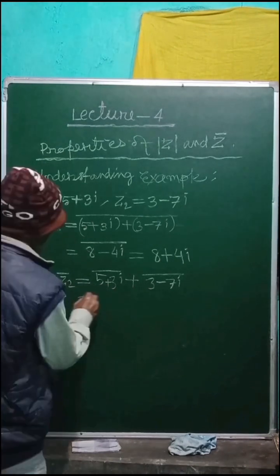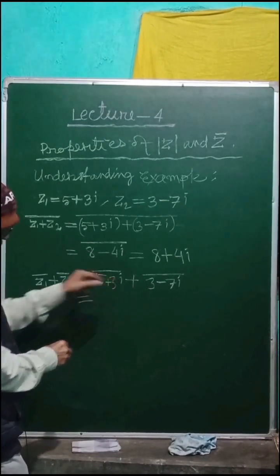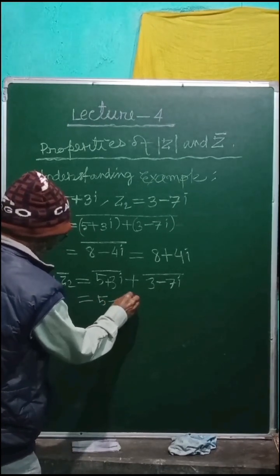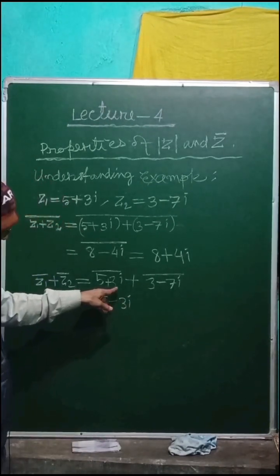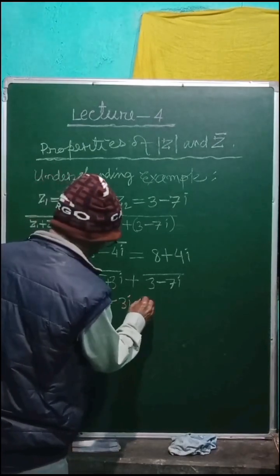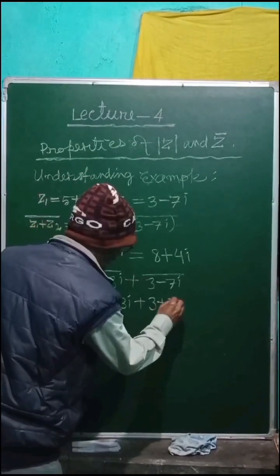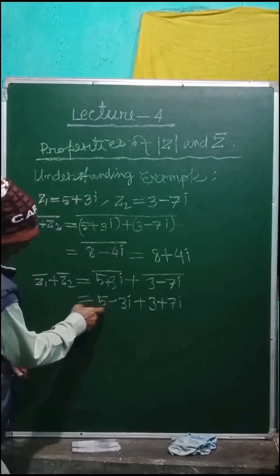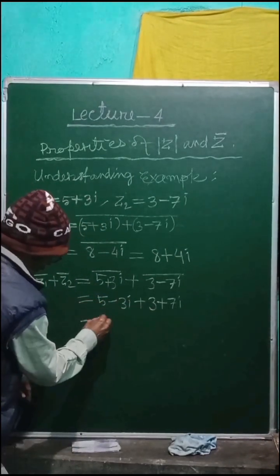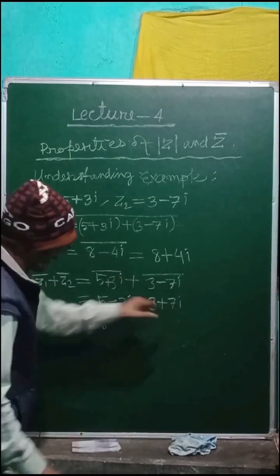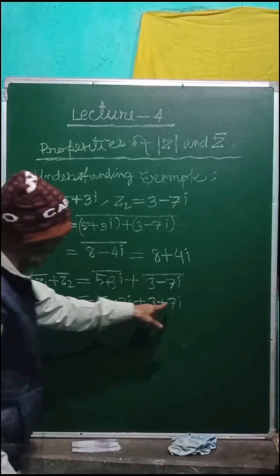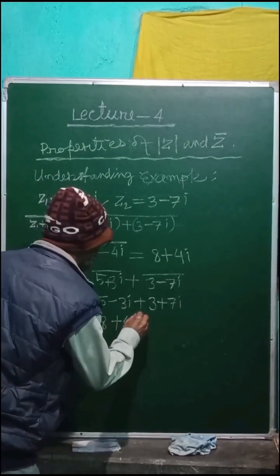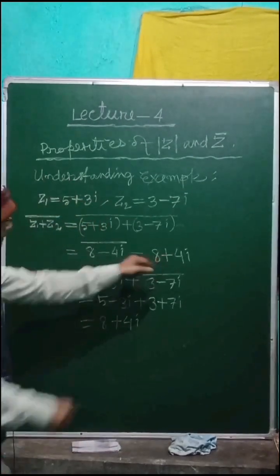The conjugate of 5 plus 3 iota will be 5 minus 3 iota, by changing the sign of the imaginary part, and here 3 plus 7 iota. We get again 5 plus 3, 8, and imaginary parts minus 3 iota plus 7 iota, remaining plus 4 iota. See here.